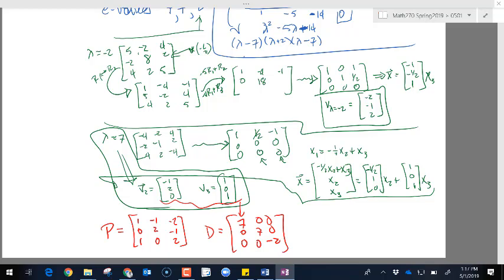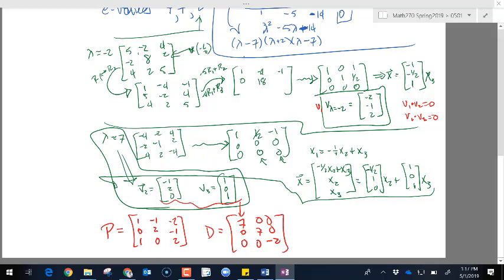But if you have a symmetric matrix, they're going to be orthogonal. If you call this V1, then V1 dotted with V2 is equal to 0, and V1 dotted with V3 is equal to 0. Guaranteed if they're symmetric.